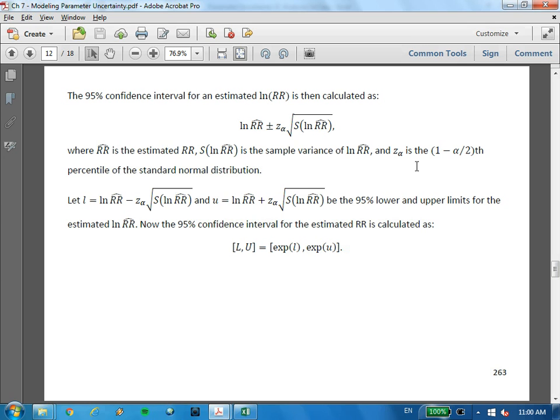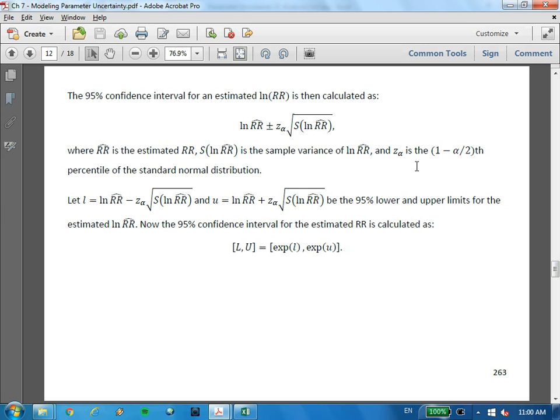So if you have L, the lower bound of this confidence interval, and U, the upper bound of this confidence interval, then for the confidence interval of the estimated relative risk, we need to calculate the exponential value of these two.